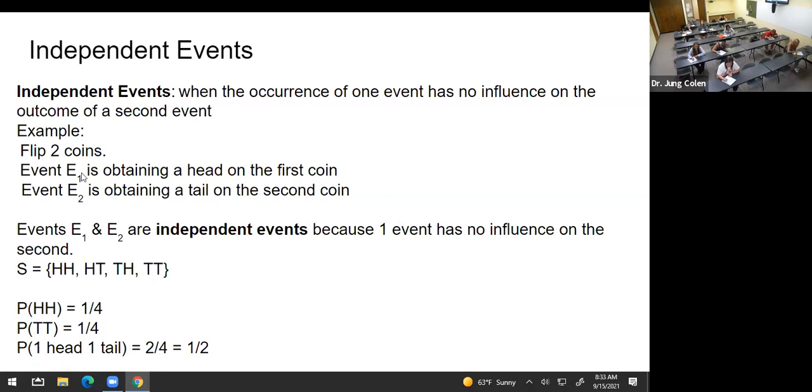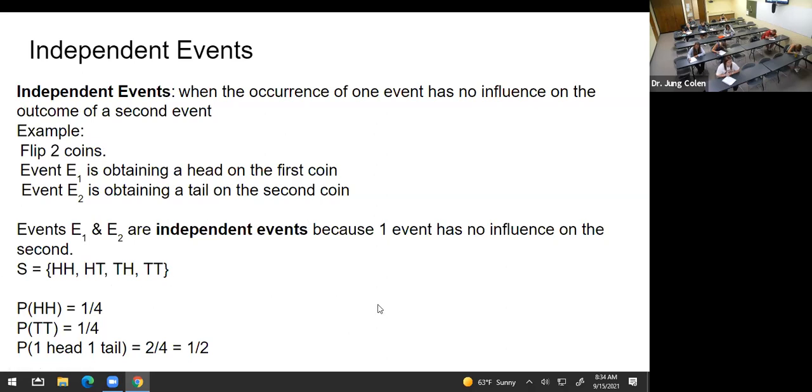So let's consider you have 2 coins. Getting tail or head on the first coin, does it affect the second? No, it doesn't, right? It's not affecting each other, so they are independent events, right?